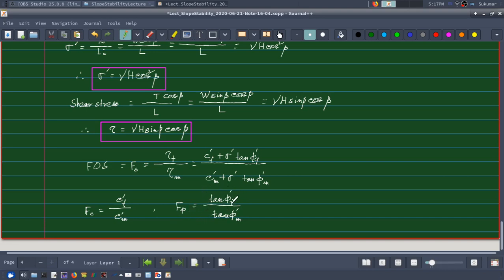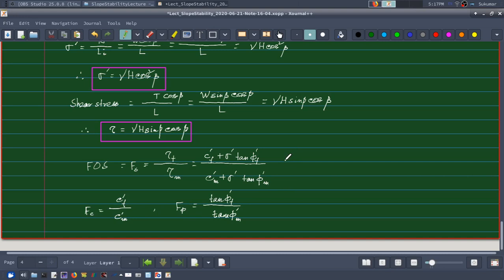The maximum peak shear strength by mobilized shear strength, and here the peak cohesion by mobilized cohesion, gives me the factor of safety against cohesion.